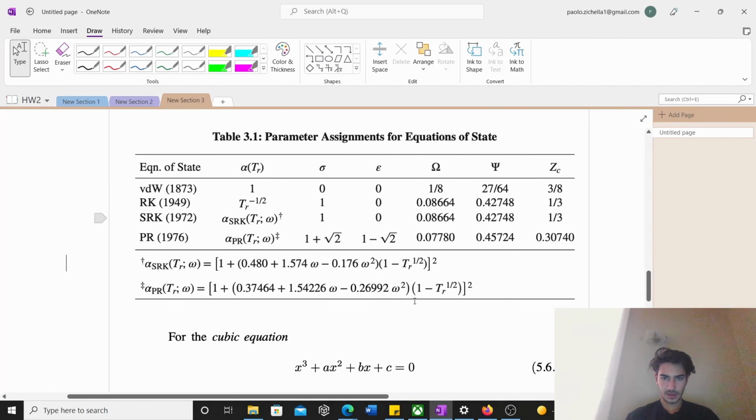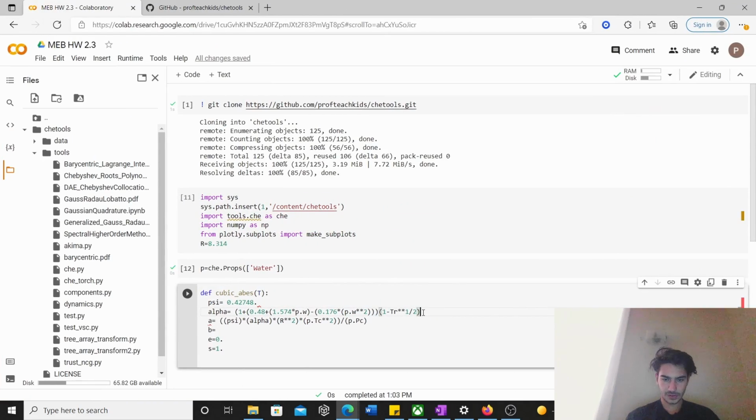And then we want to square that whole thing out, so another bracket and square. There we have it. We also have alpha in there.